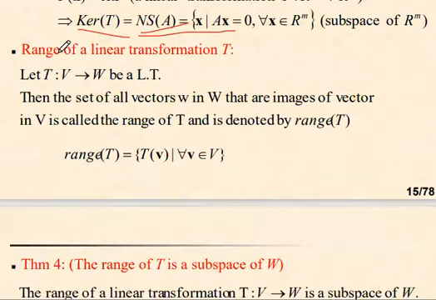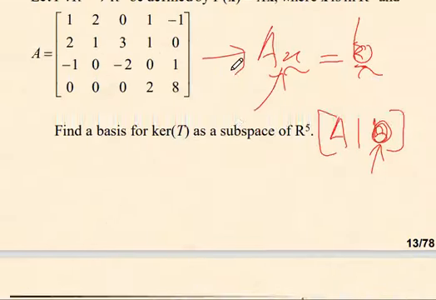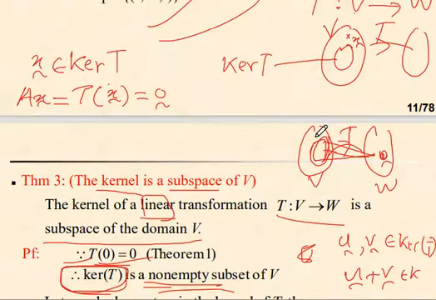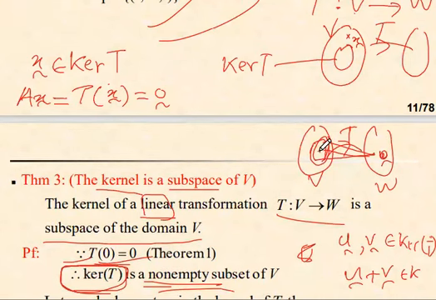Okay, let's talk about the range of this transformation. So far we only talked about the kernel, meaning the kernel of this transformation. The kernel is a subset of V. If you take any element in the kernel, it maps to 0 in W. That's the kernel.